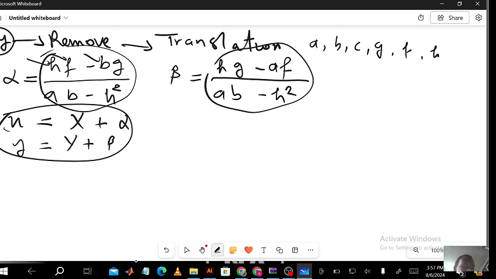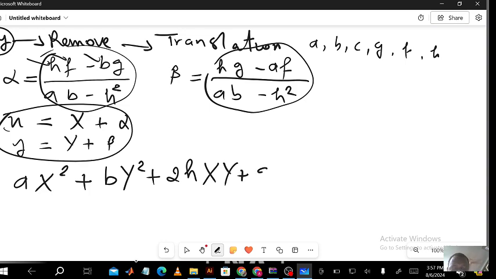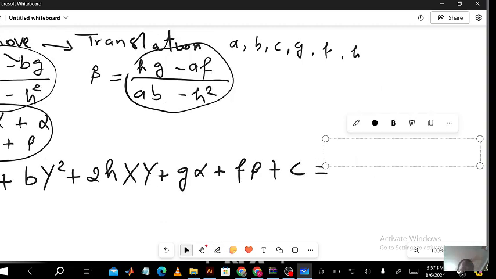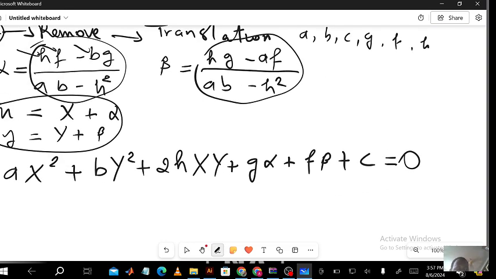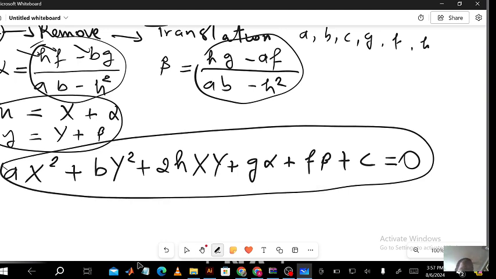The new equation will be a capital X squared plus b capital Y squared plus 2h capital X capital Y plus g alpha plus f beta plus c equals 0. The value of a I know, b I know, h same, g alpha and f beta I calculate, and I found this equation.